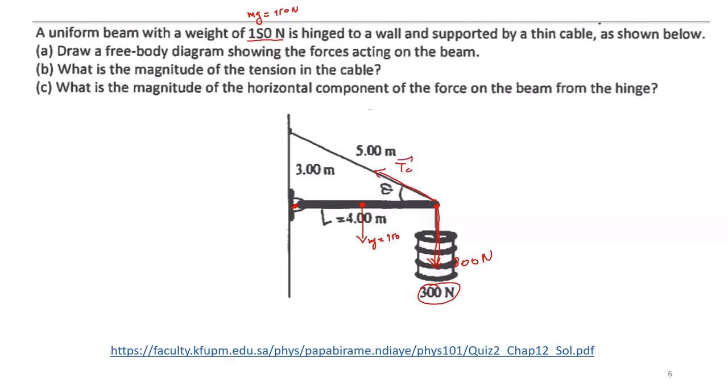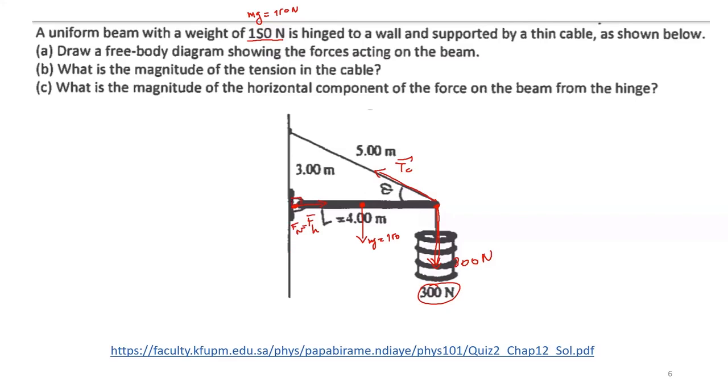Now, here, of course, I will have the force on the beam from the hinge. I will decompose it into two. The first one will be F horizontal. Actually, this is a normal force, normal to the wall.